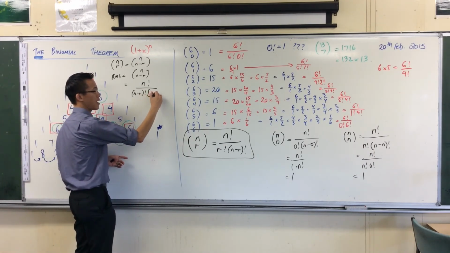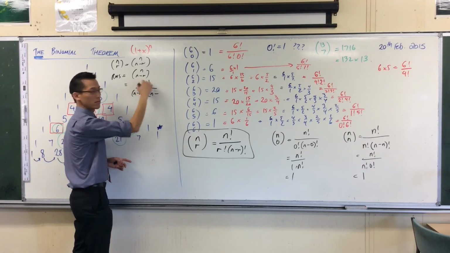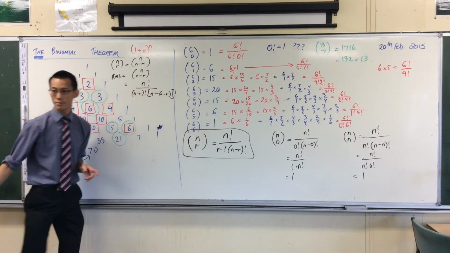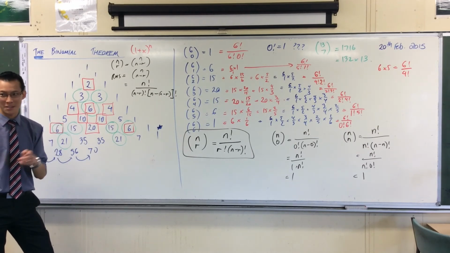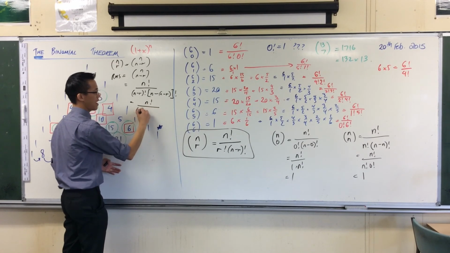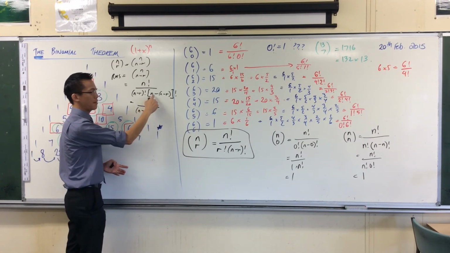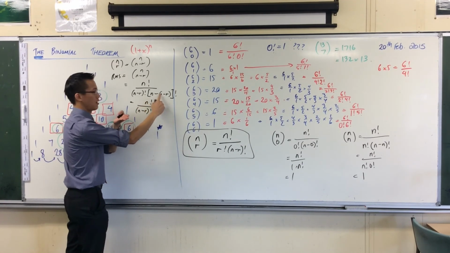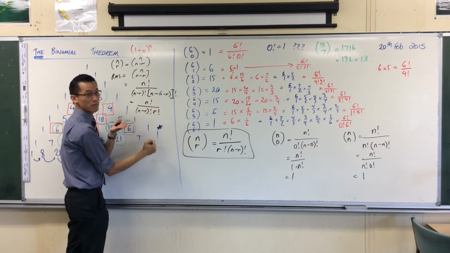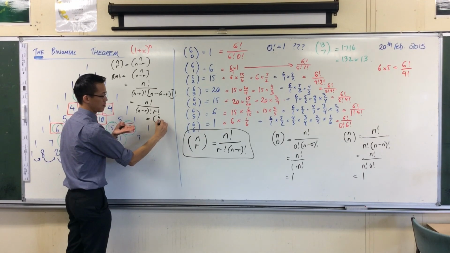It's going to be n minus that factorial. Recognize it? You recognize it? That was not by coincidence. Okay. What's that equal to? That's n factorial on n minus r factorial, n minus n minus r, which is r. Bam.